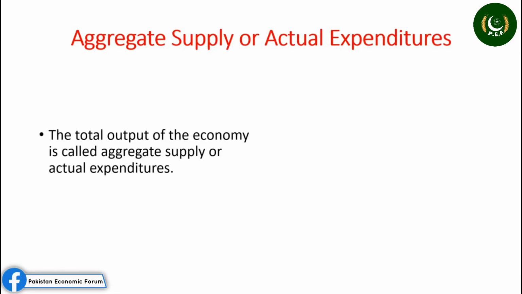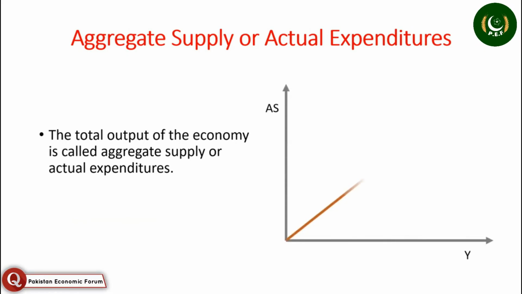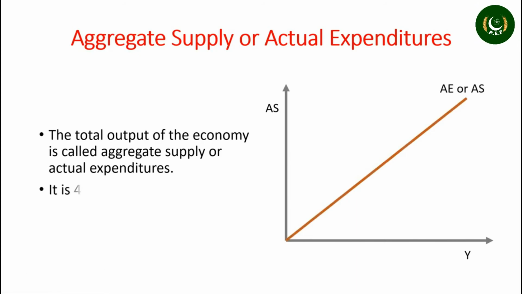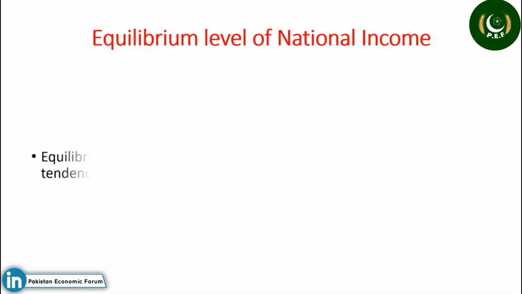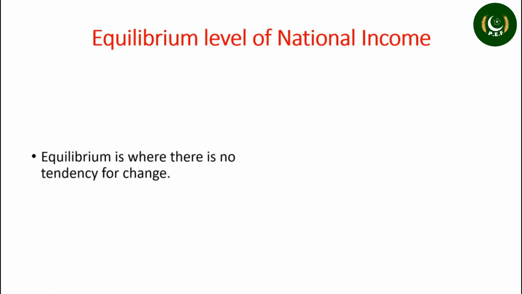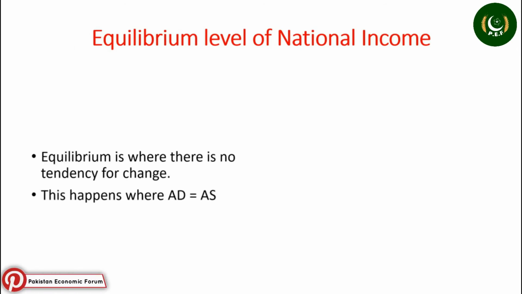Similarly, the aggregate supply or the actual expenditures, which represents the total output of the economy, it is 45-degree line. The equilibrium is where there is no tendency for change.